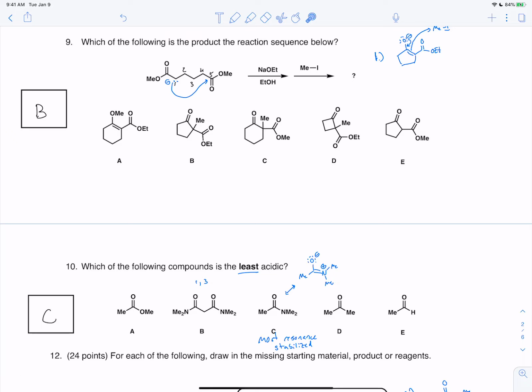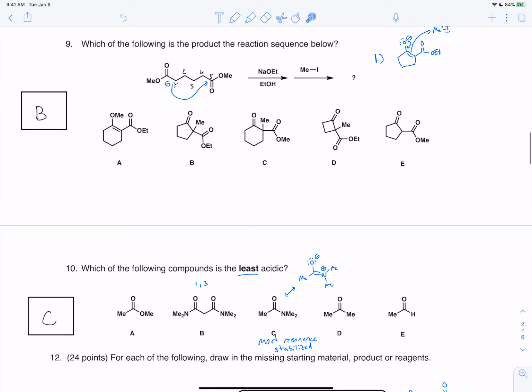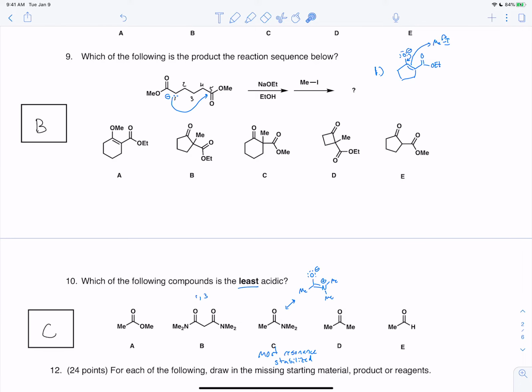And we don't even add in acid afterwards to regenerate the beta keto ester, because we can simply add in an electrophile directly to this enolate, and it will get alkylated, and we'll see that we're going to make a 5-membered ring with now a new methyl added into the molecule. So we see we have a methyl here, and it gets introduced there.